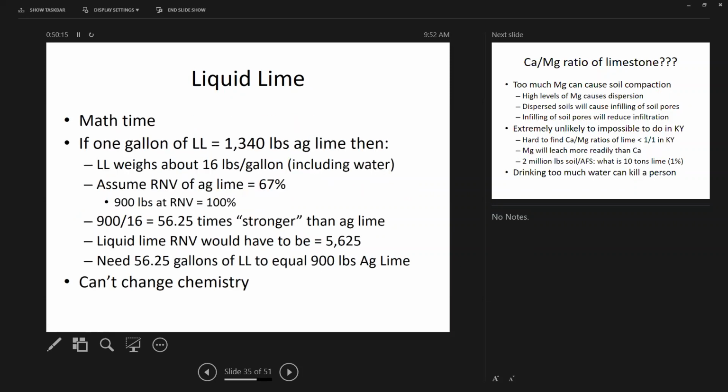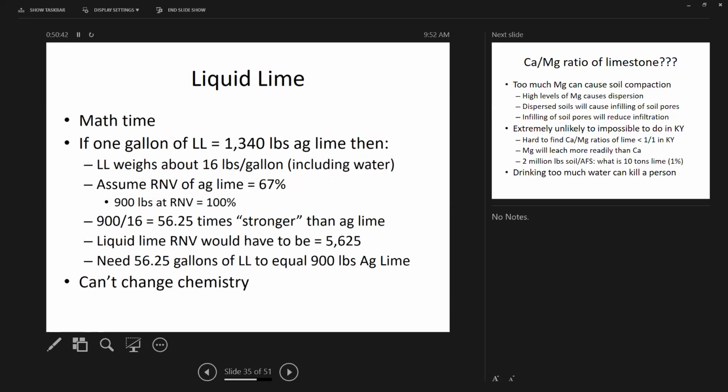I know everyone likes doing math early in the morning, but math just really dispels this truth. So we'll use that first example: 1 gallon of liquid lime is equivalent to 1,340 pounds of ag lime. I'm going to say that liquid lime weighs 16 pounds per gallon, including the water and the clay. That came off of their MSDS sheet.